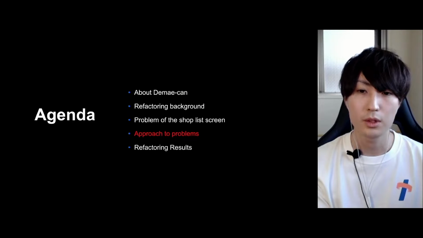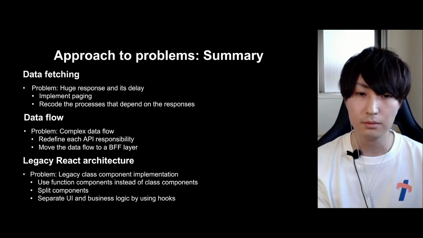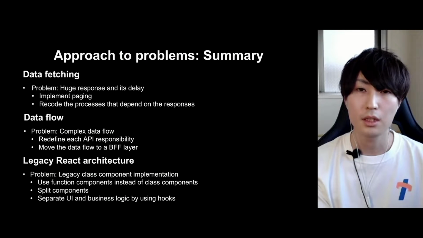Next, I would like to share with you how we approached solving each of those challenges. Regarding retrieving all store lists at once, we addressed the problem by migrating to an API that supports paging. I will talk about the new issue that arose from changing to paging in more detail later on.